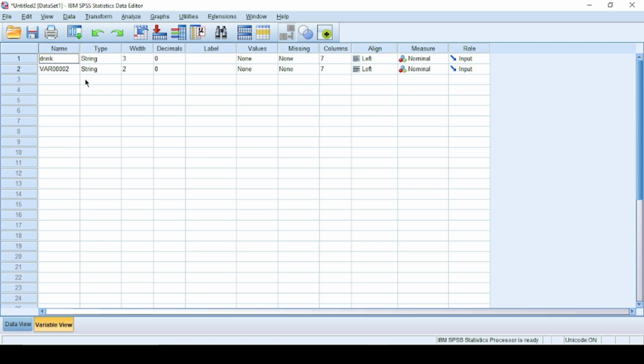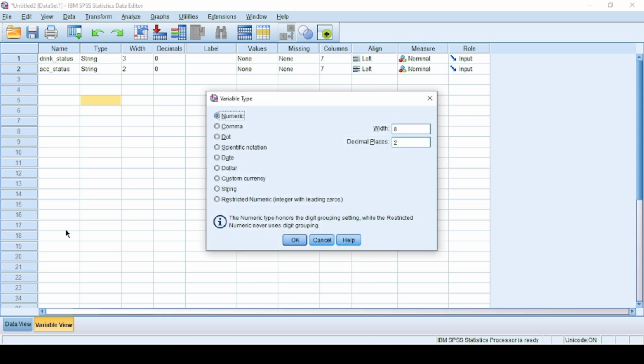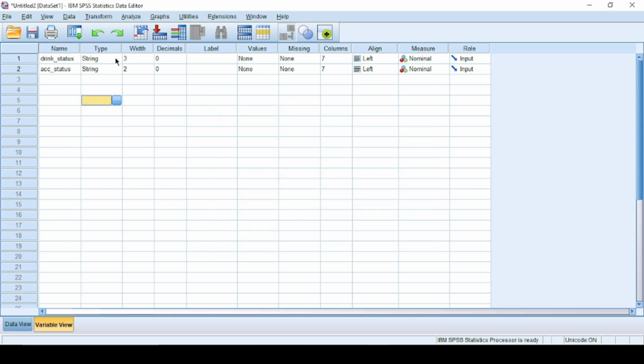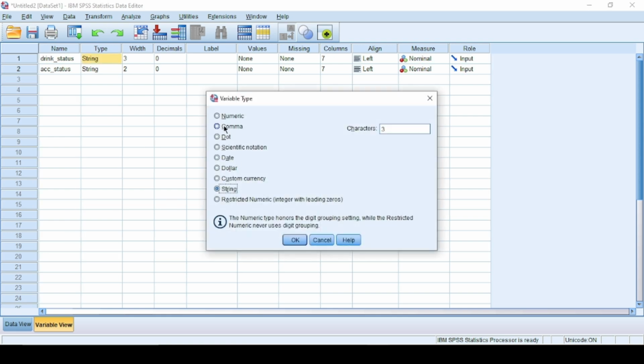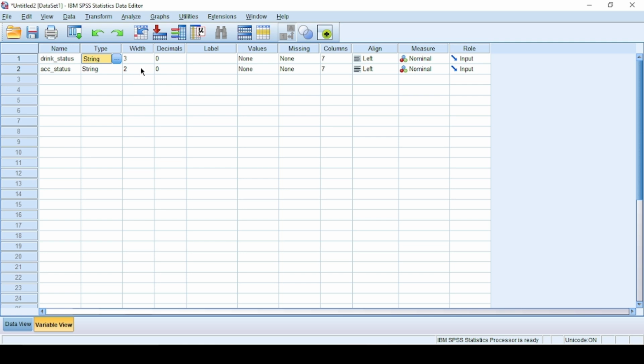Drink status and accident status. This is string data, nominal data, so we will keep it as string only.